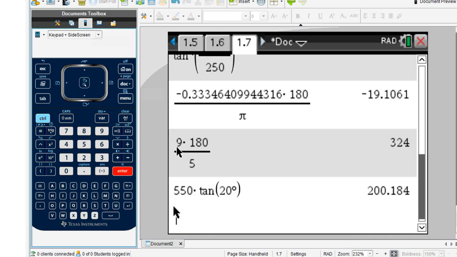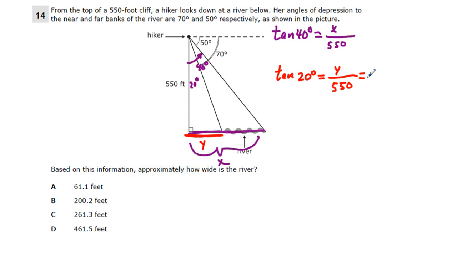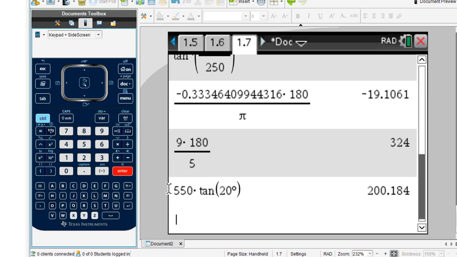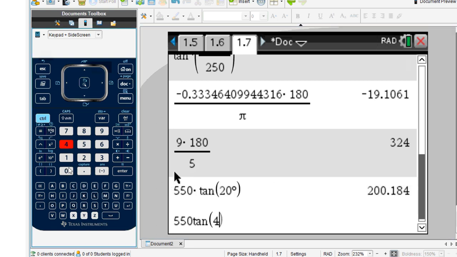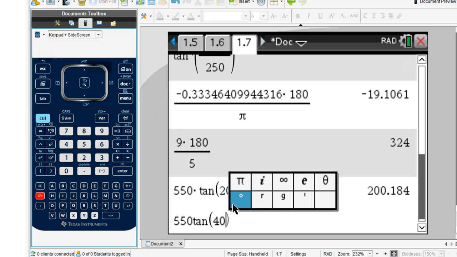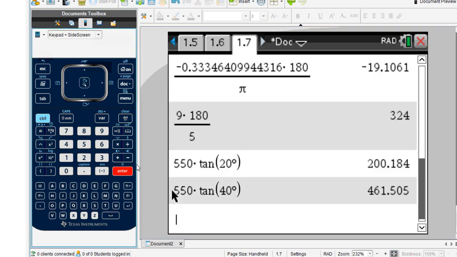So 200.2. And the next one, we're going to have 550 tangent 40 degrees, and for that we get 461.5.